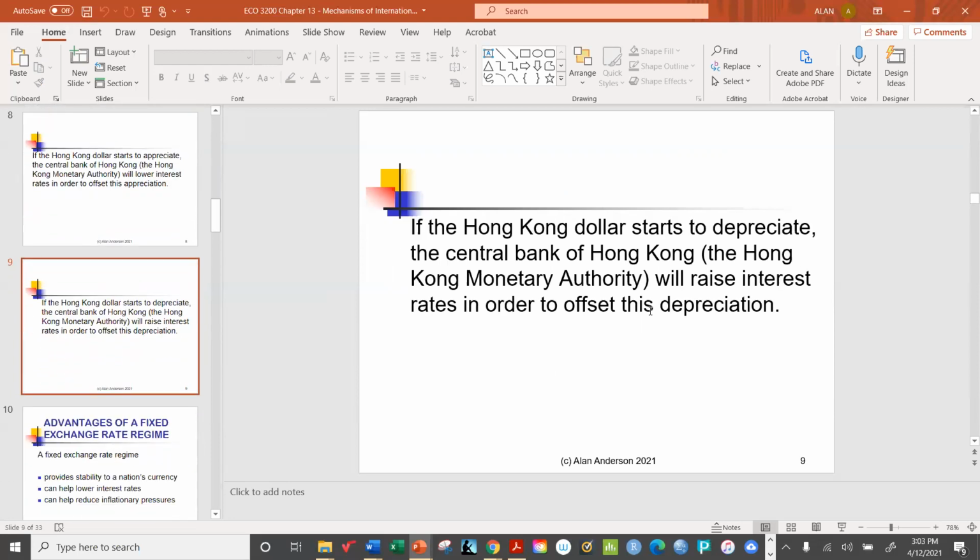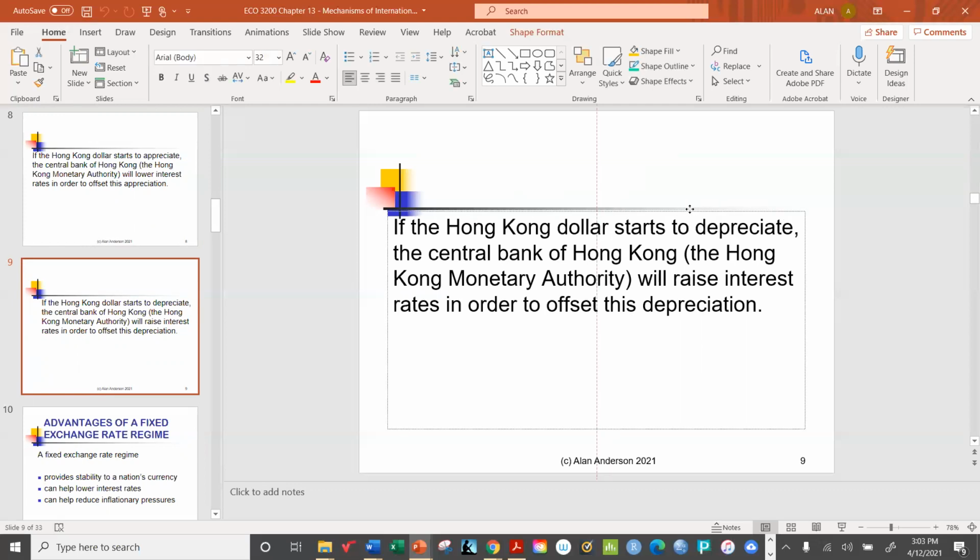They have to step in and start raising interest rates to keep it stronger and prevent it from depreciating too much, because they've committed themselves to keeping it at the same rate of 7.8 Hong Kong dollars to a US dollar. So that raises an interesting question.